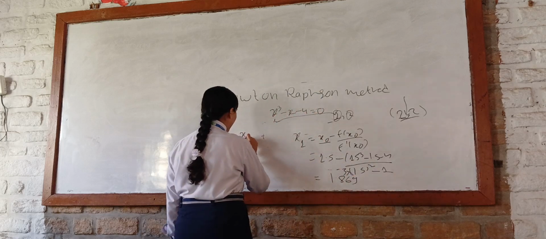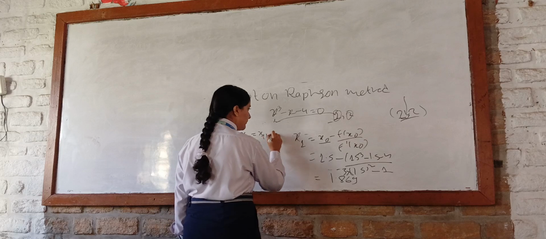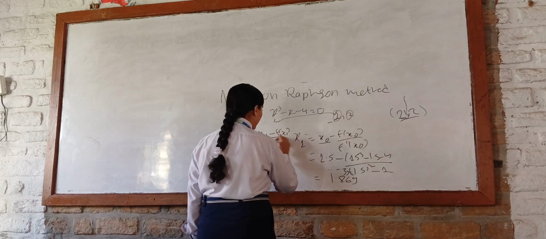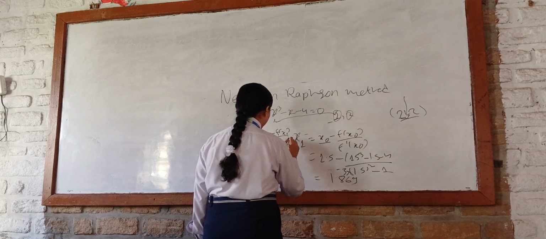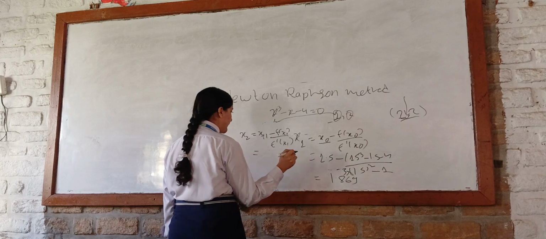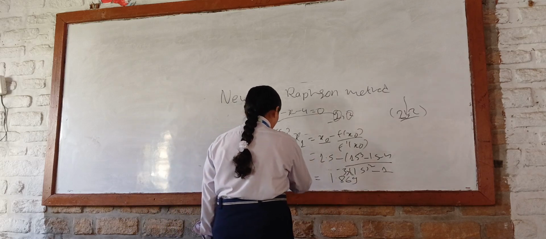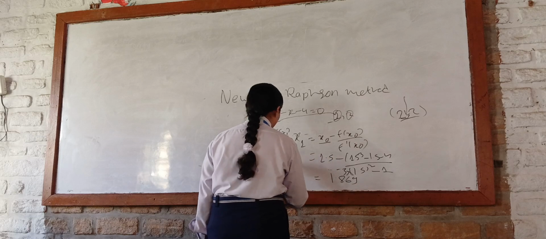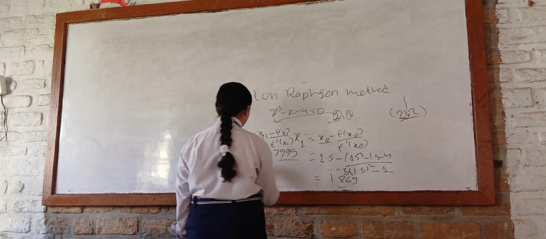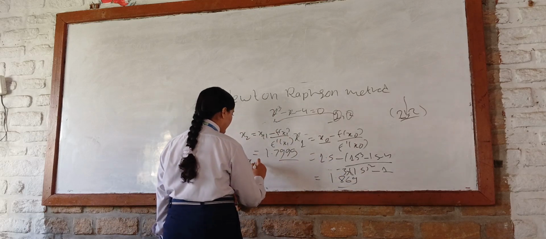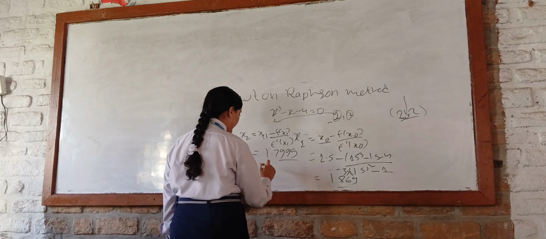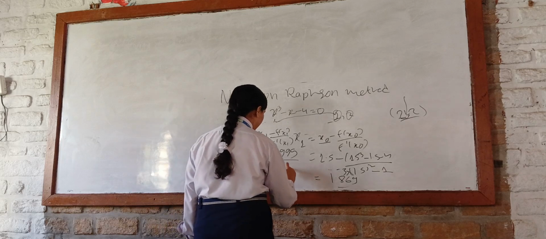Now similarly for x2, x1 minus f of x1 by f dash x1. If we solve this using a calculator, then we'll get the value 1.7995. These are not similar, so let's just continue. For x3 we get 1.79633.